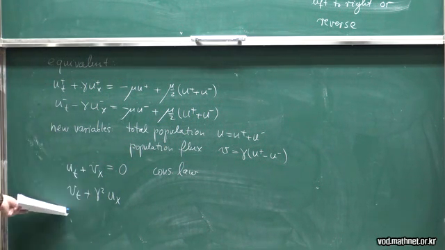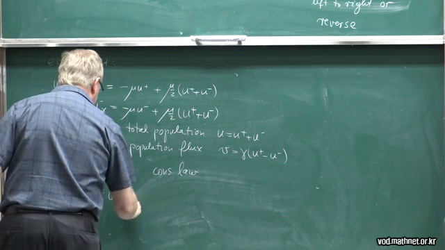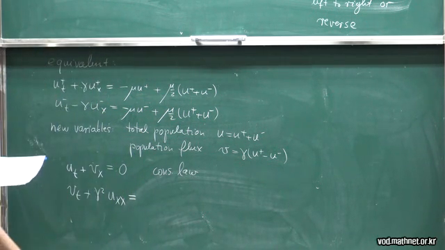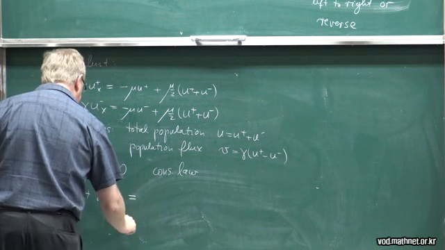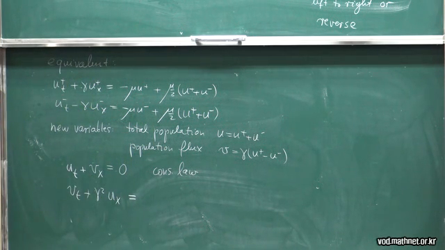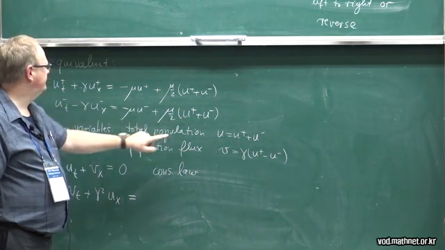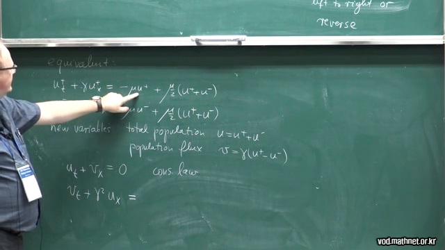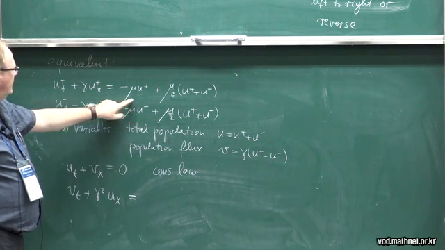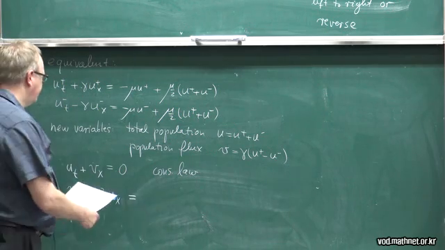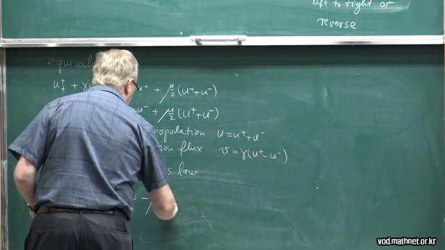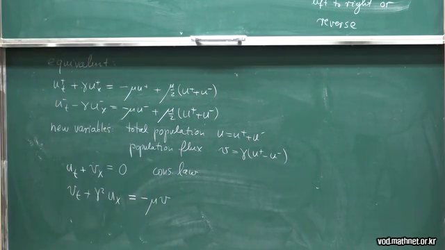So plus uxx. No, what am I doing? This comes later. So ux. And then on the right-hand side, I do the difference. So now it's easier to use this formulation here, because this term cancels if I do minus. But this term survives, and you get u plus minus u minus with the mu and the gamma and so on. So this is minus mu v.